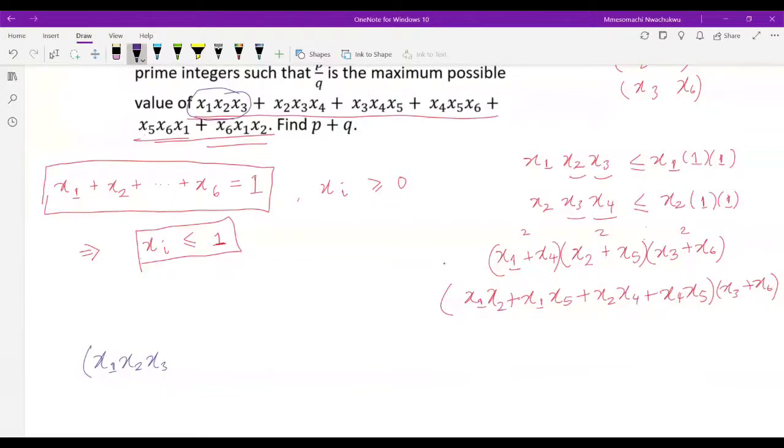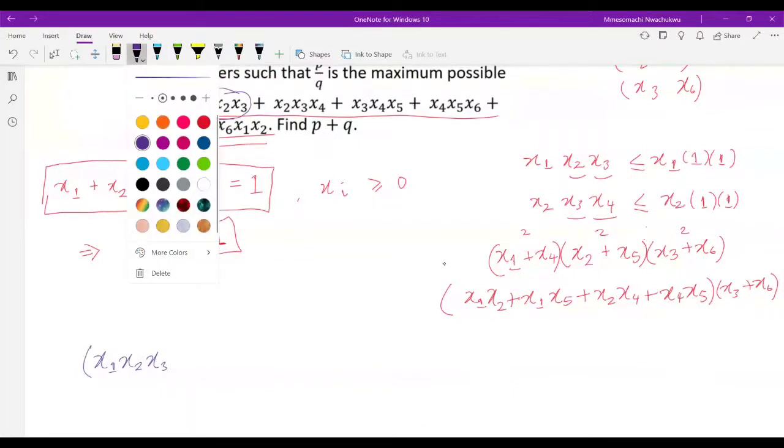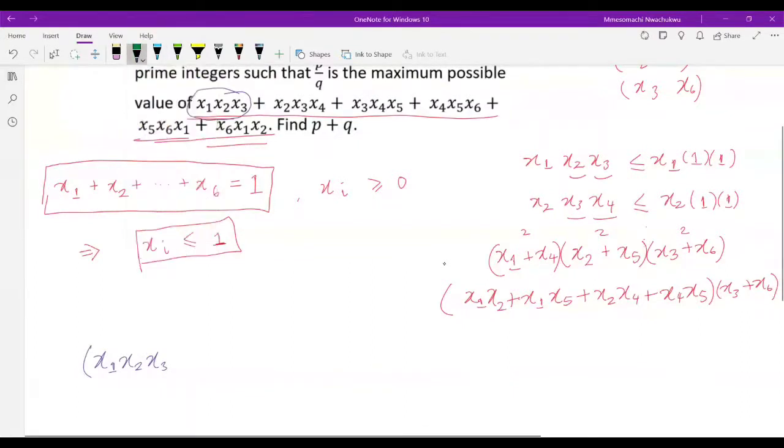I'll write the terms that are not showing in green. So this term is not here, so plus x1 x5 x3. Let us put it in ascending order.